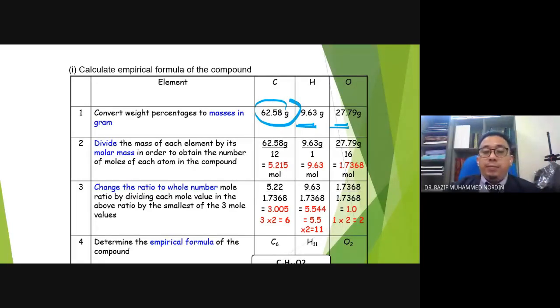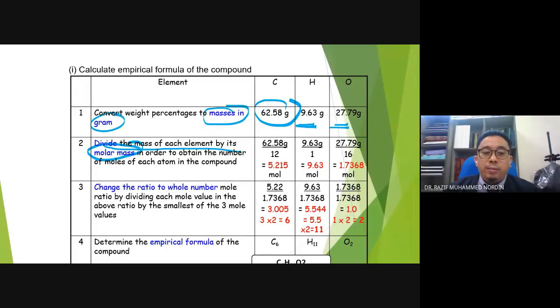And then for each compound, yang ni saya gemar kepada student saya buat dalam bentuk table supaya senang, and then student tak buat mistake. Tak perlulah you tulis every single word divided with the mass or number, tak perlu. Just molar mass in gram.